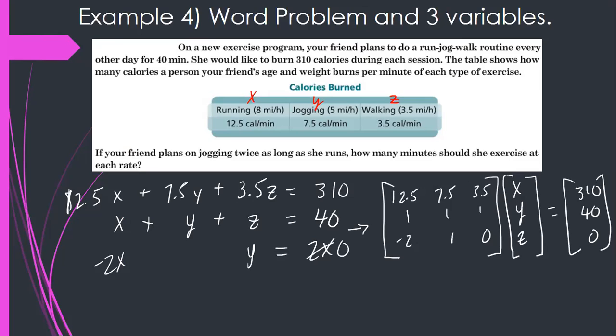Okay? So once it's set up at this point, you're going to get fairly excited. We're going to find the inverse of the 3 by 3 and multiply using Desmos.